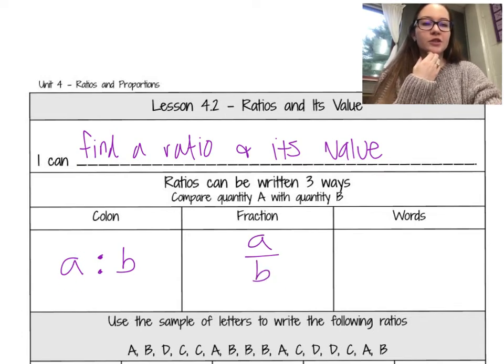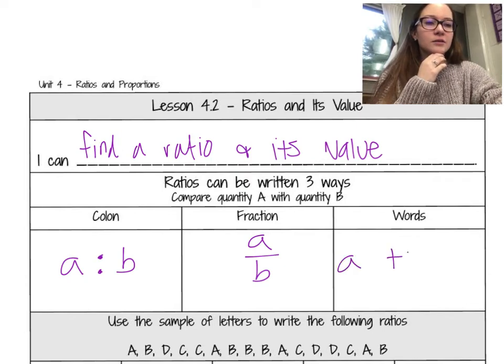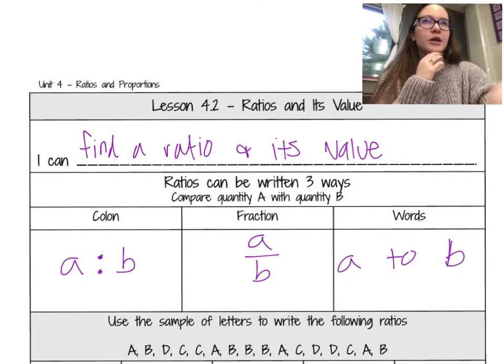Whatever comes first has to go on top of the fraction. And then in words, it would be A to B. So for every A, we have a B, right?